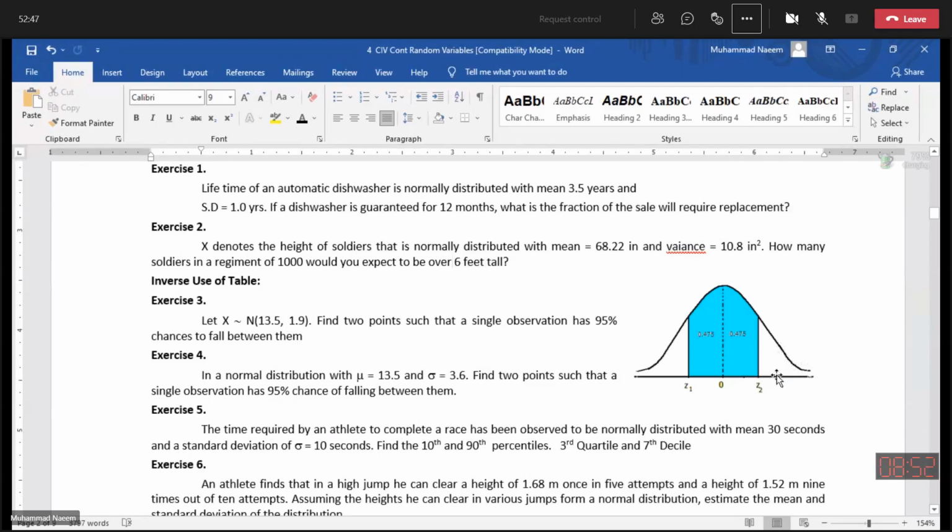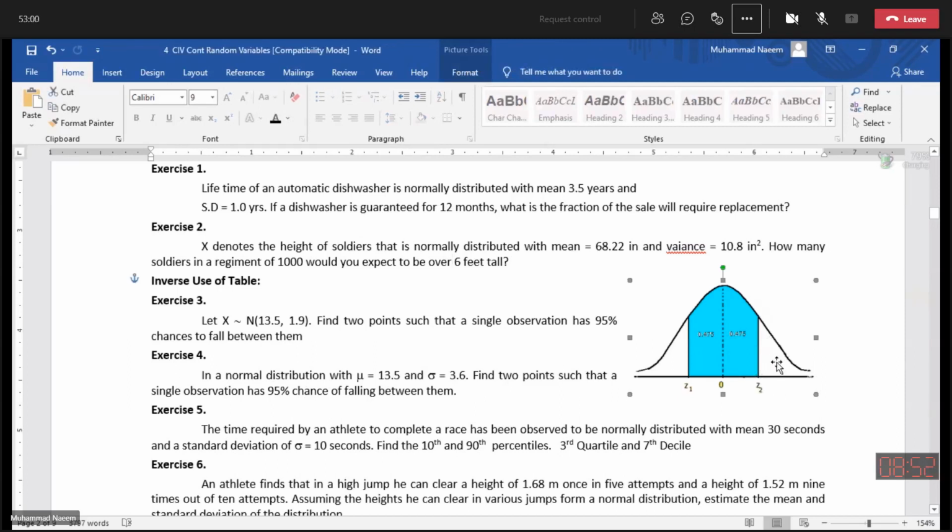So convert 72 in terms of z and find the corresponding tabulated area. This will be the area from center to this point, but we need this one.